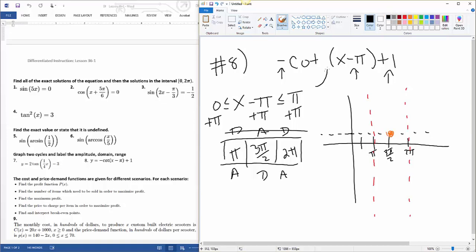Now tangent normally does this. Cotangent, you have to flip it, but because of that negative right here, it's going to get flipped again. And so from there, I get my graph.